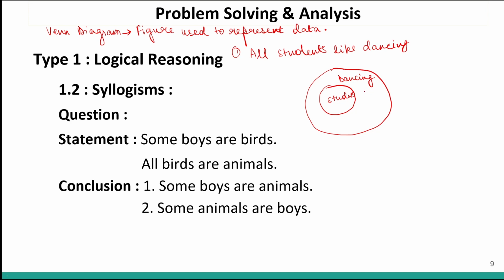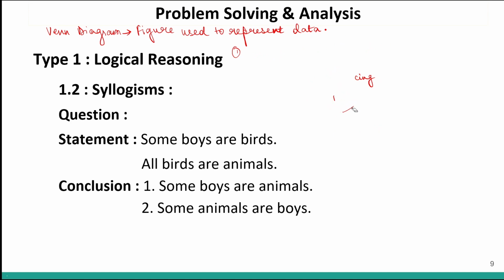There could be artists who dance, professionals who dance, teachers who dance. So dancing is a bigger area compared to students. All students who like dancing, so students will be a subset of dancing. Clear? Let us understand this with a better example using A and B.